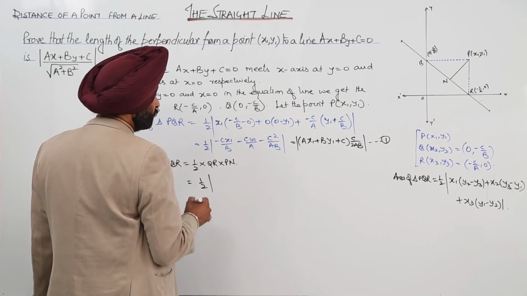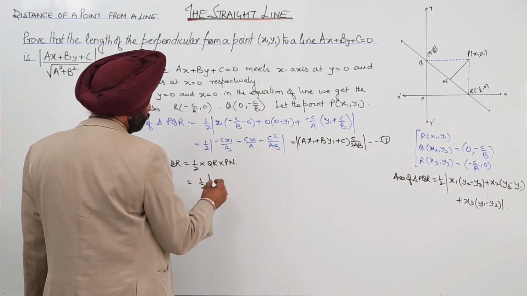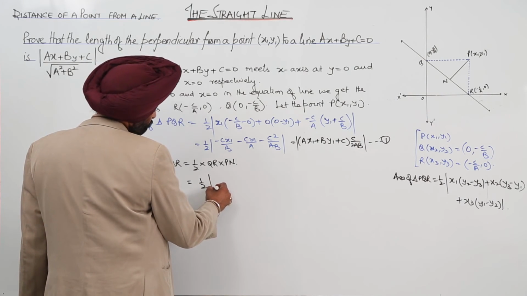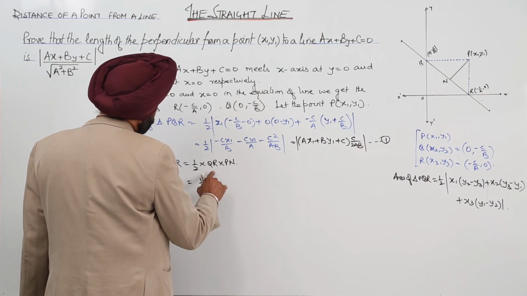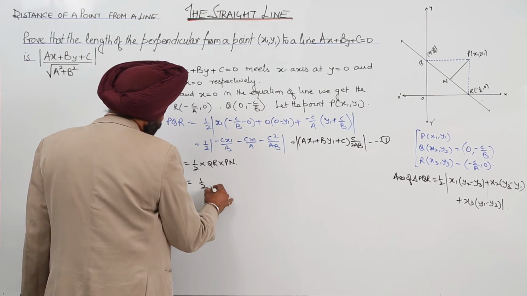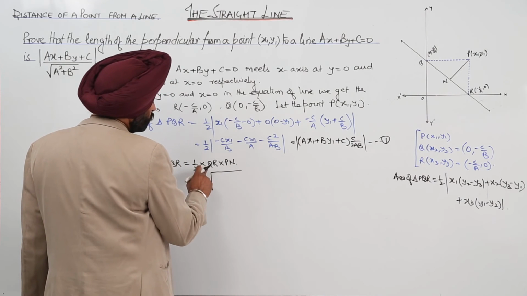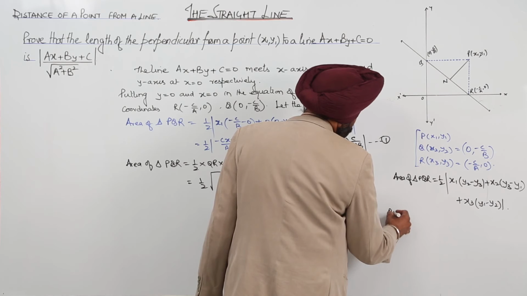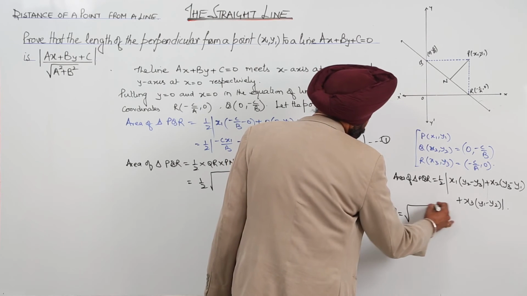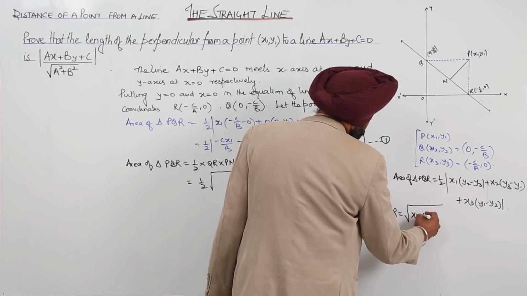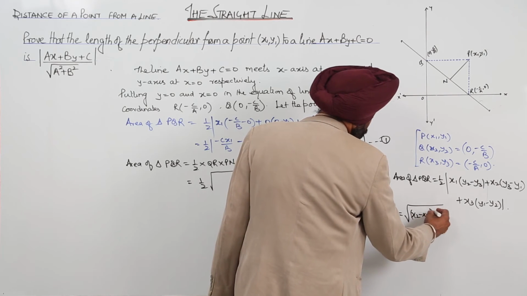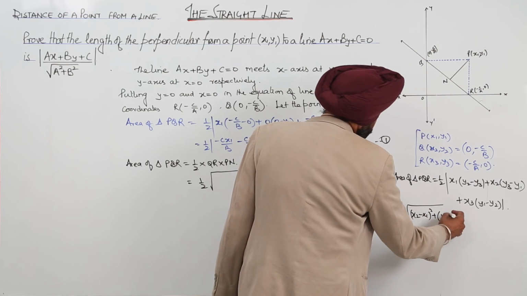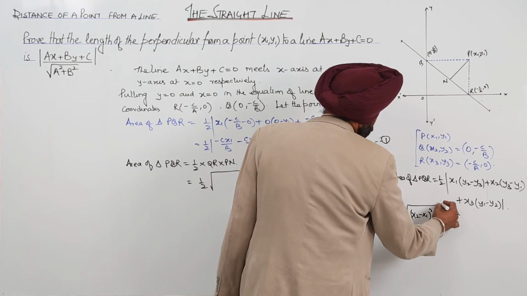Now using the distance formula, we can write QR under the root: (x2 minus x1) whole square plus (y2 minus y1) whole square.